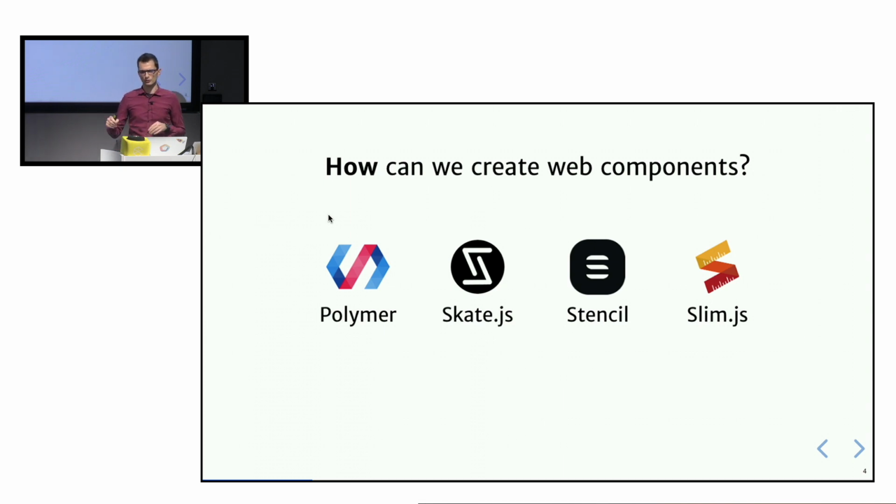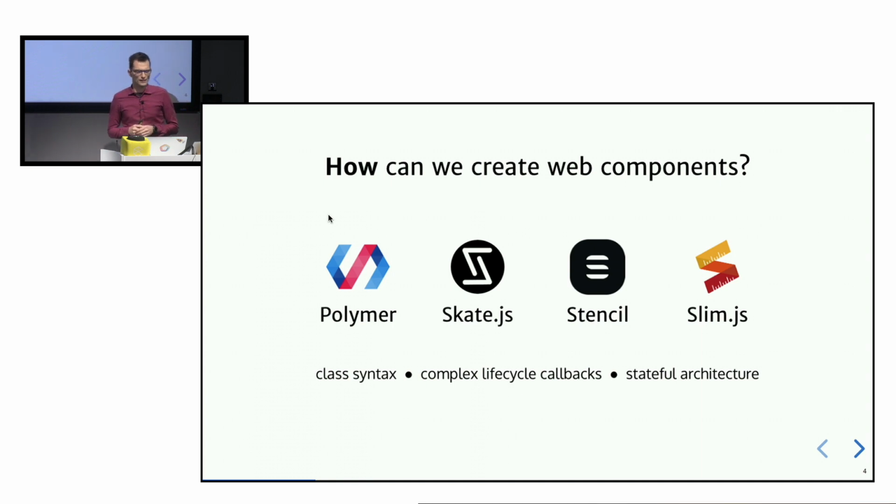And actually, not only the libraries that were created to build web components. So what is the common thing between them? They all share some common patterns. They usually use class syntax, which can be confusing, especially this and how it works when binding functions.